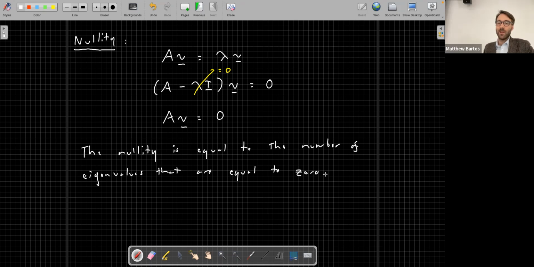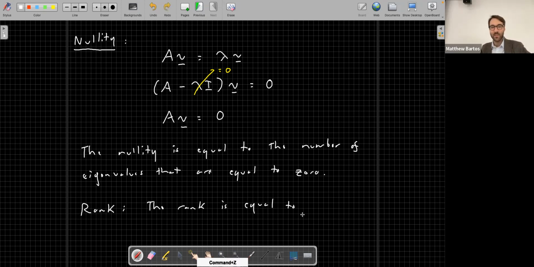And what does this imply about the rank? So if the nullity is equal to the number of eigenvalues that are equal to 0, what is the rank equal to in terms of the eigenvalues? Exactly. So by the rank nullity theorem, the rank is equal to the number of non-zero eigenvalues.